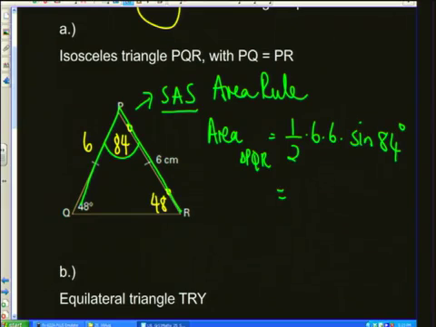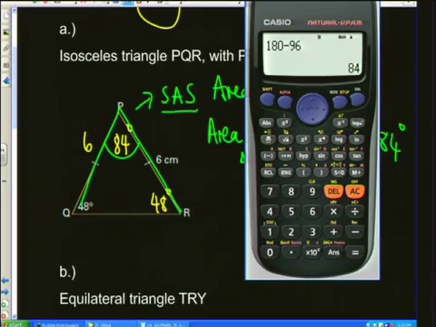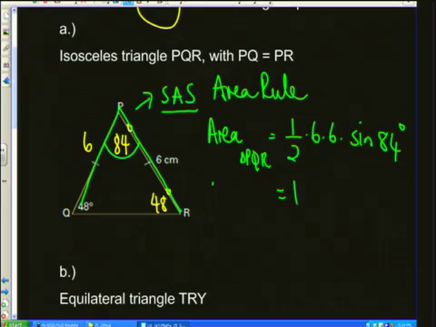And then we just need to find out what the sine of that is, and we're going to multiply that by 36 halved, which is 18. So we're left with 17,9. So the area is 17,9 squared centimeters.